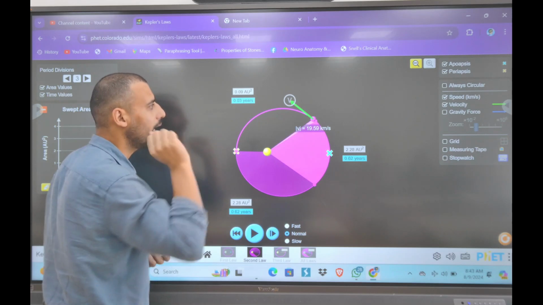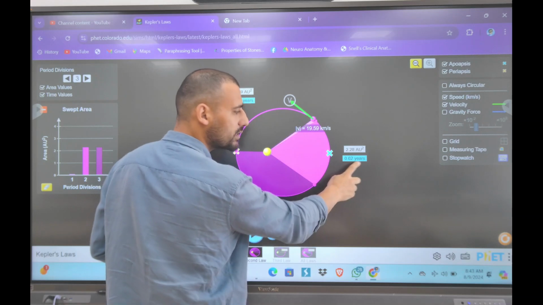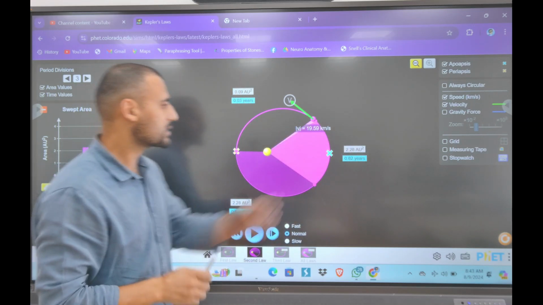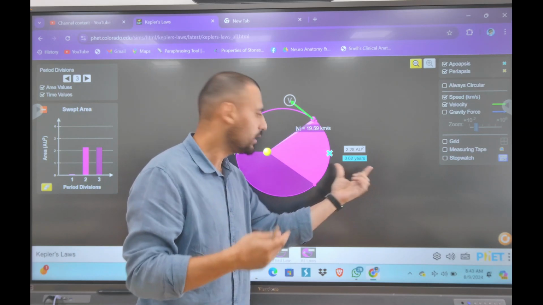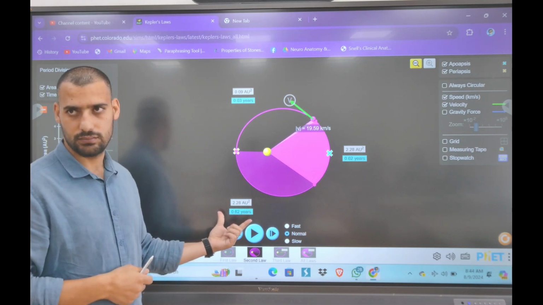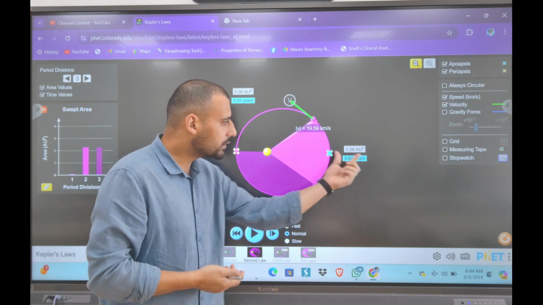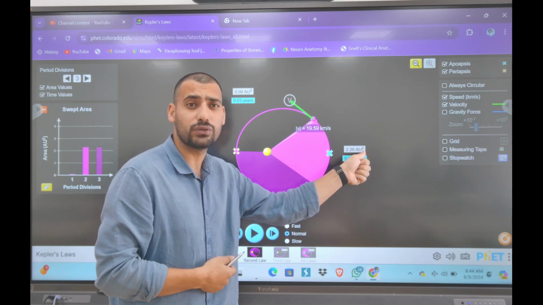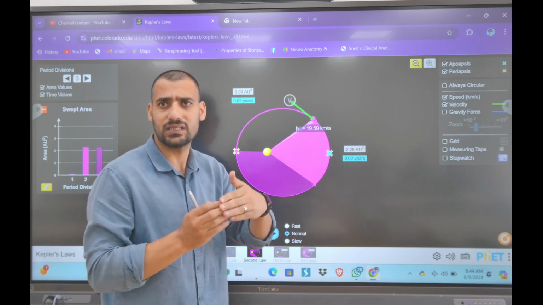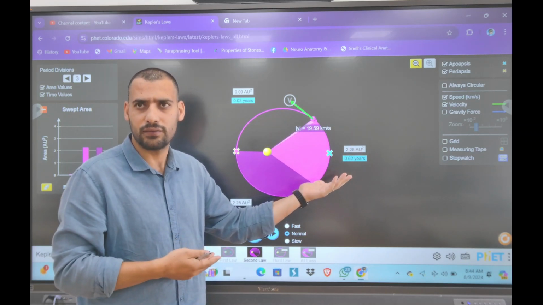And I am giving the same amount of time. How much? 0.62 years. I am asking the planet to travel for 0.62 years, here as well as here. So what is happening? When the planet is here, it covers an area of 2.28 astronomical units square. Astronomical unit is the unit of length, okay? And when you square it, it means it will be the area, fine?